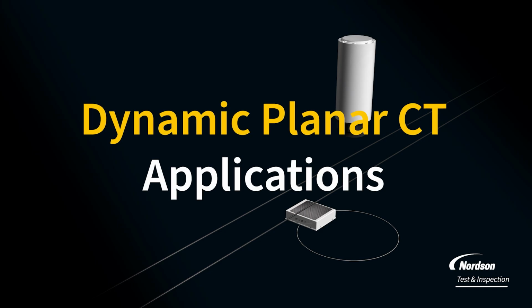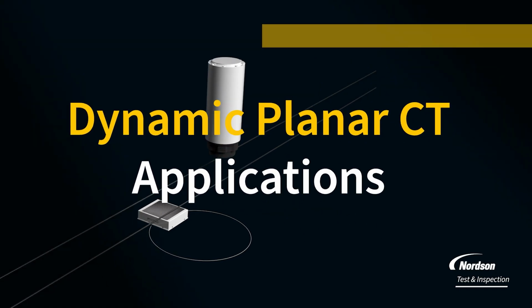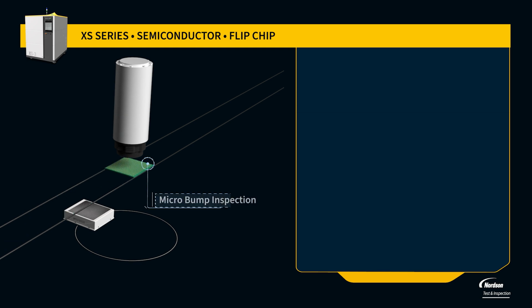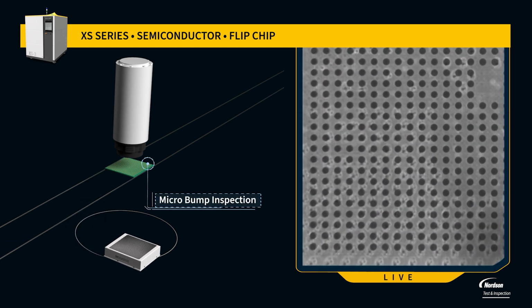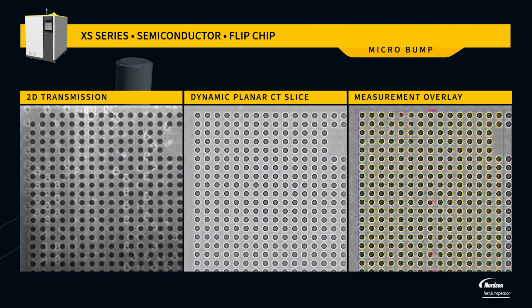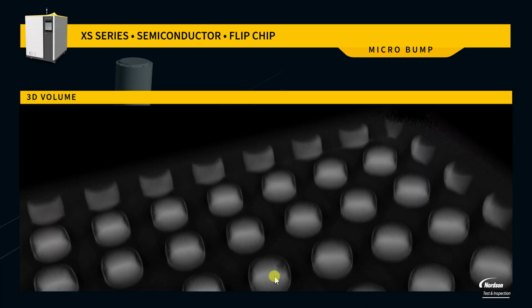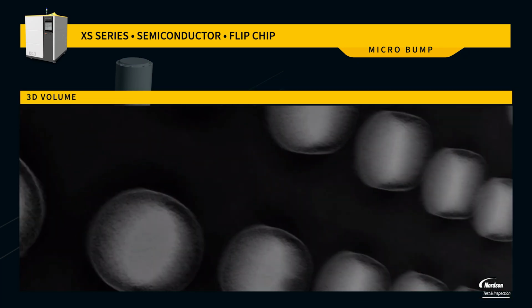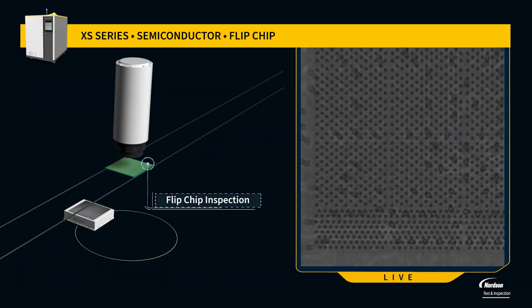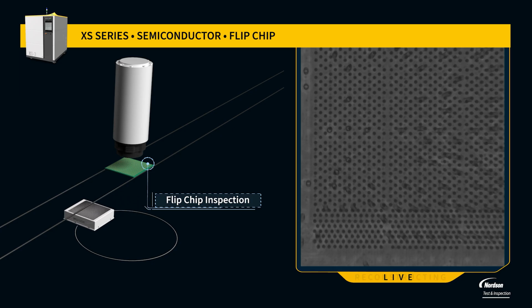They're quite challenging to image, particularly with CT imaging, because traditionally in a CT system you would spin the object around 360 degrees and keep everything fixed. Dynamic planar CT actually moves the sample in X and Y, and the detector does an orbit underneath. I see. So we're able to capture much richer information in the Z direction, which is typically where laminography, a form of computed tomography, suffers due to artifacts.